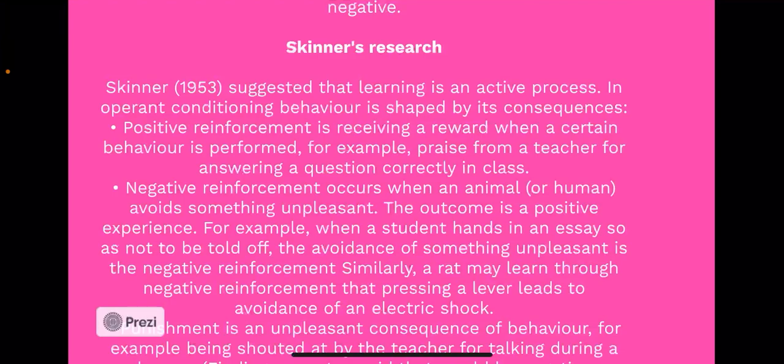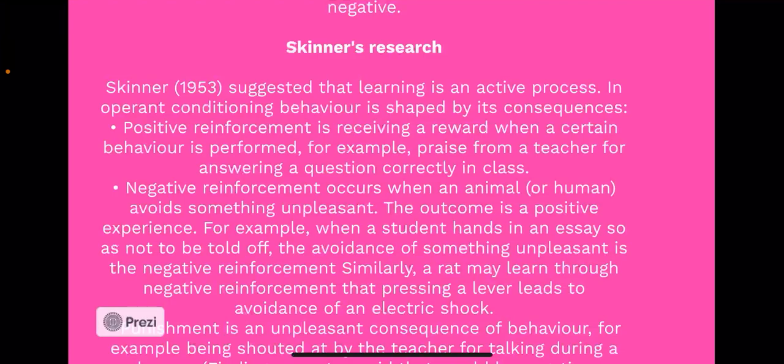Skinner suggests that learning is an active process. In operant conditioning, behaviour is shaped by its consequences. These are the ways in which behaviour can be shaped. Positive reinforcement. This is receiving a reward when a certain behaviour is performed. For example, praise from a teacher for answering a question correctly in class. Negative reinforcement occurs when an animal or human avoids something unpleasant.